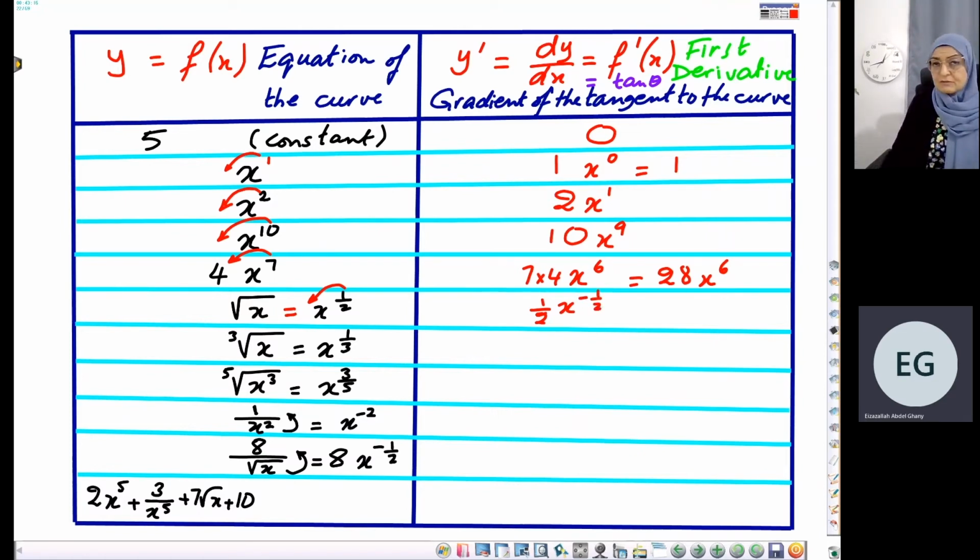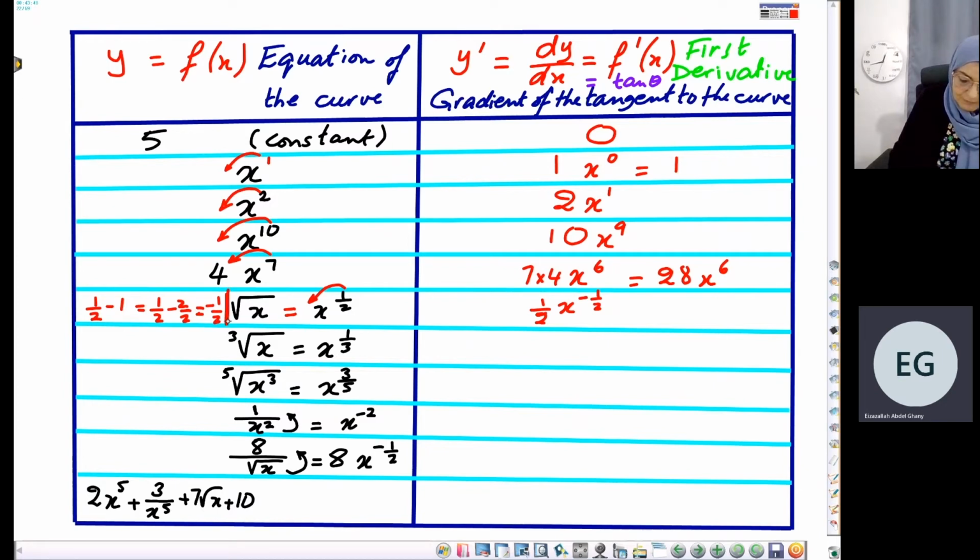You can use the calculator to find it, but I want to teach you how to find it without a calculator. It's easy also. How to subtract half minus 1? It is half minus 2 over 2, so it will be -1 upon 2.